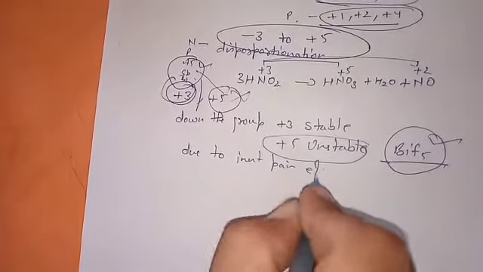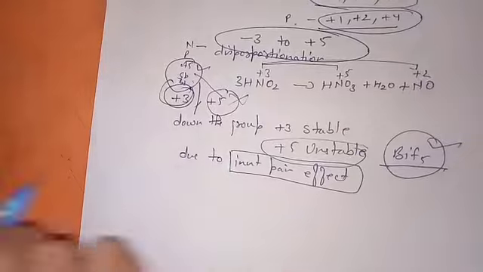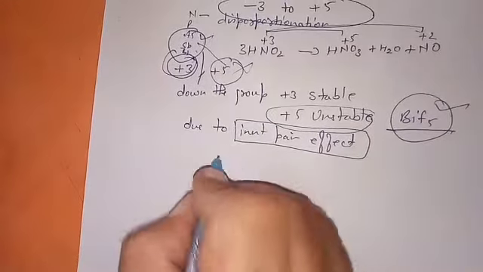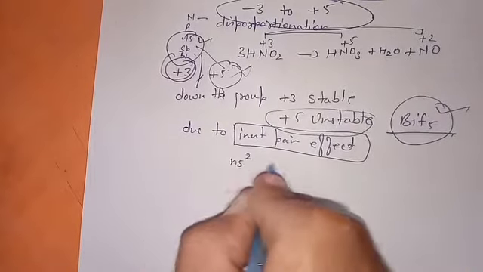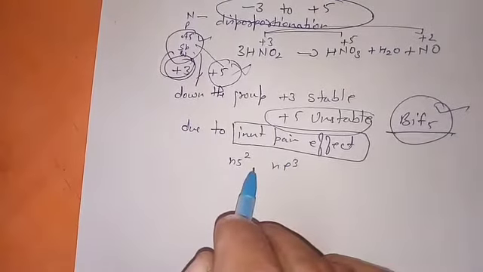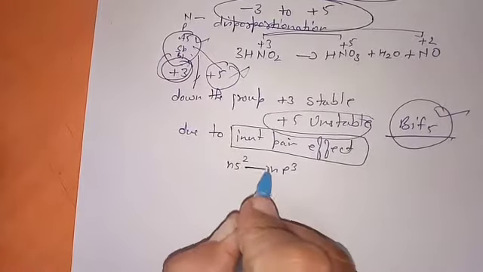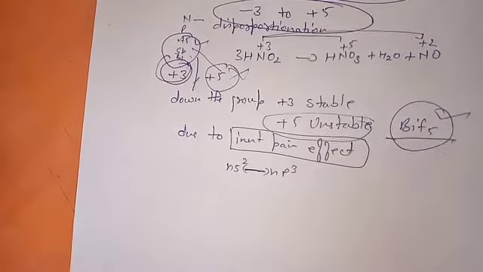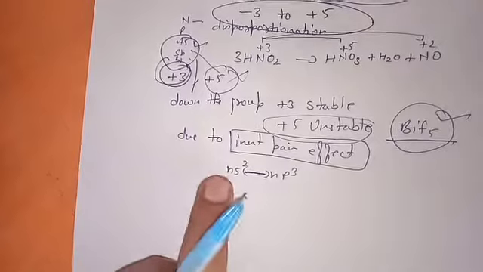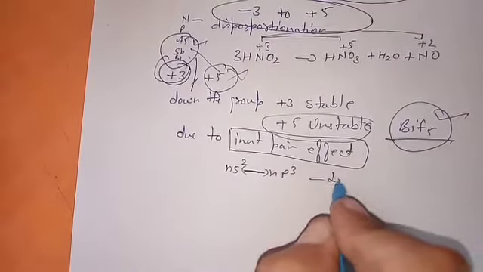And what is the inert pair effect? I have told you to revise that topic particularly, but I am explaining it. In the lower elements, particularly, the energy gap starts becoming more. As we move down the group, the energy gap between ns2 and np3 becomes large.